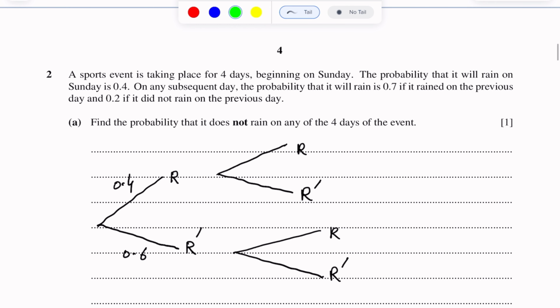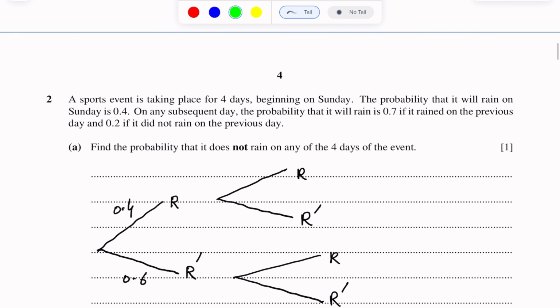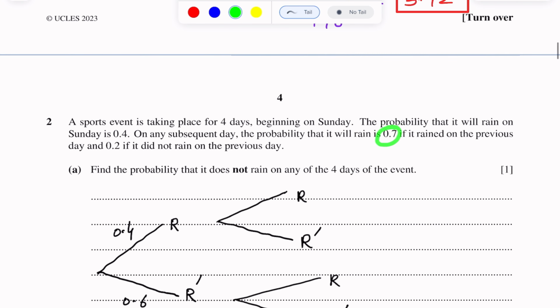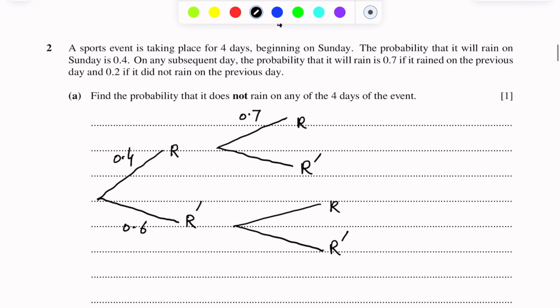Now it is given that if it is raining, then the probability for the next day for raining is 0.7. It is given. So we write here 0.7. Then R dash must be 0.3.